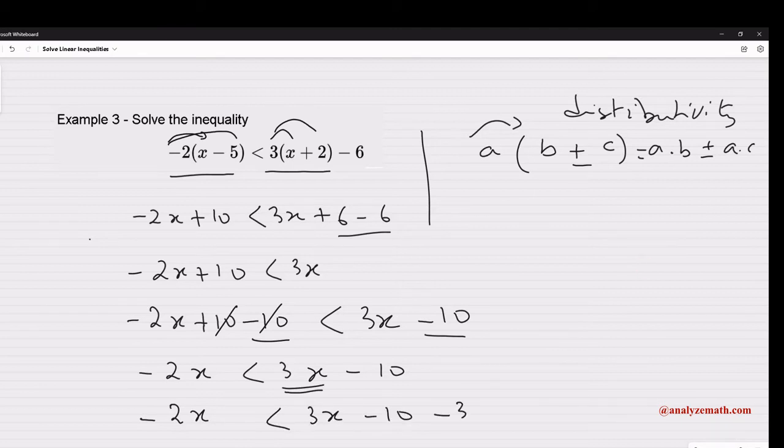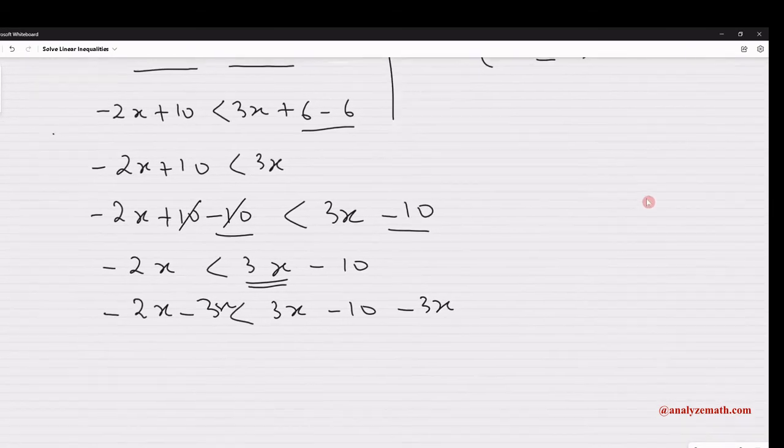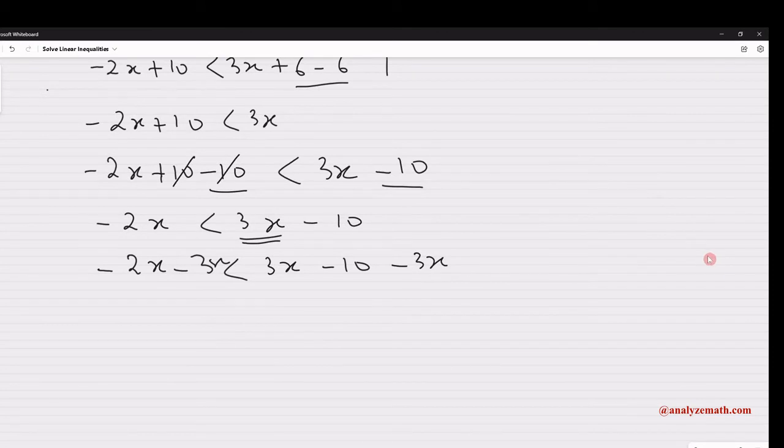When I subtract it from this side, I need to subtract it from this side as well. We now group the like terms, negative 2x minus 3x gives me minus 5x, less than, now 3x and minus 3x give me 0, minus 10.